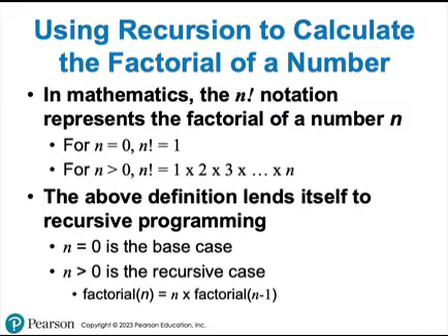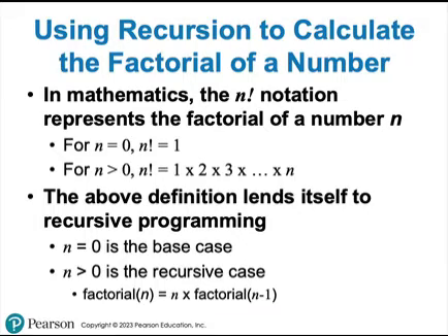So it'd be 5 times 4 times 3 times 2 times 1. So the given fact is, if n equals 0, 0 factorial is 1. If n is greater than 0, then n factorial is 1 times 2 times all the way up to the number itself.